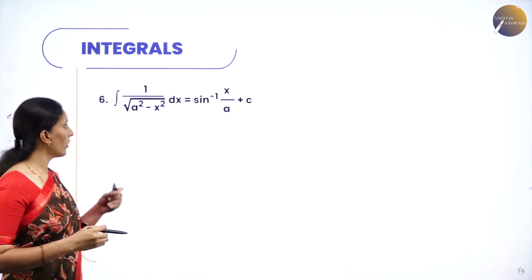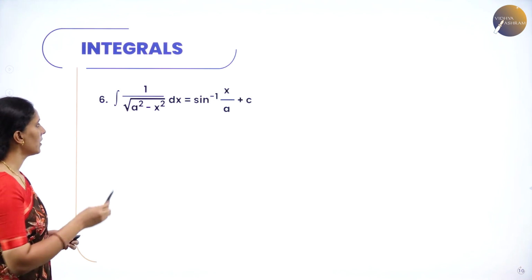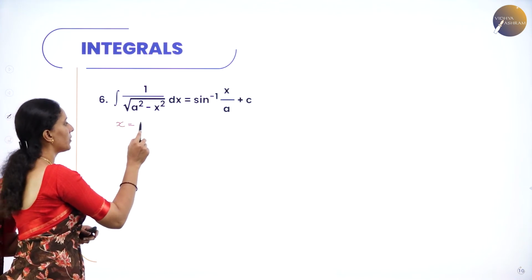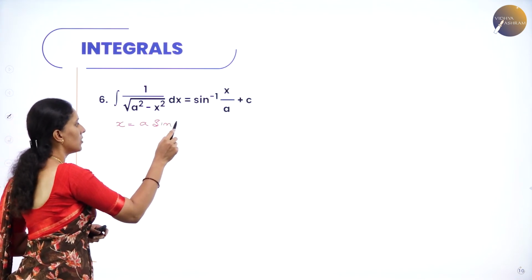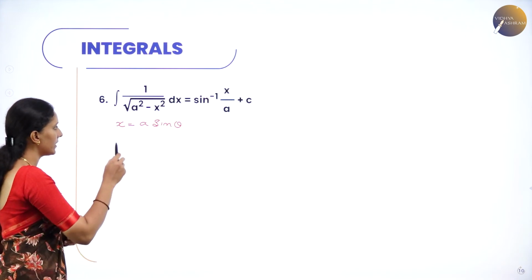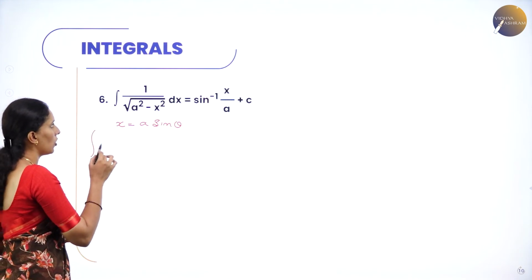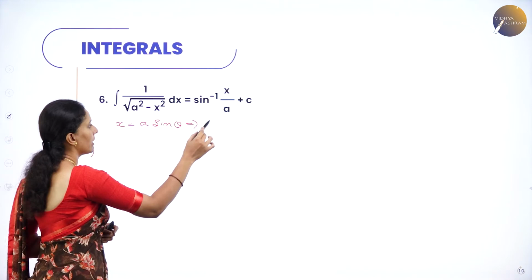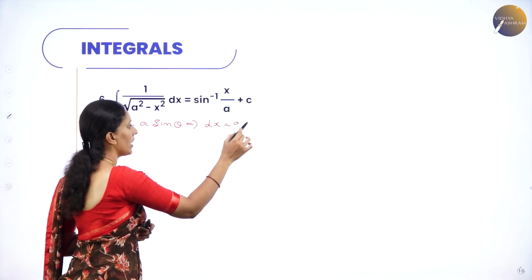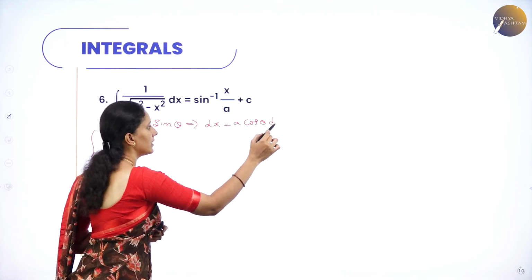So now we are going to prove the sixth result. So here put x is equal to a sine theta. When you put x is equal to a sine theta, this becomes integral of, here we can get dx is equal to a cos theta d theta.